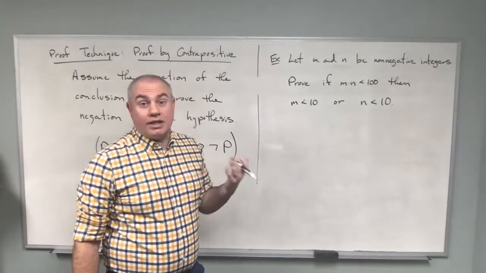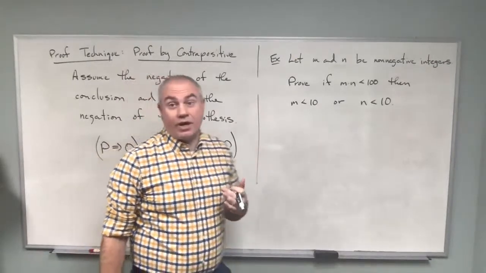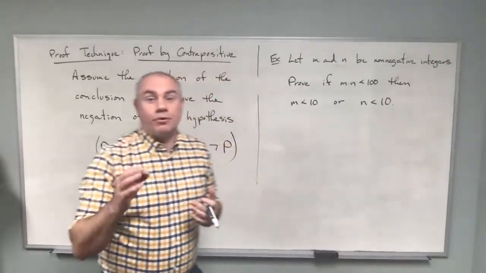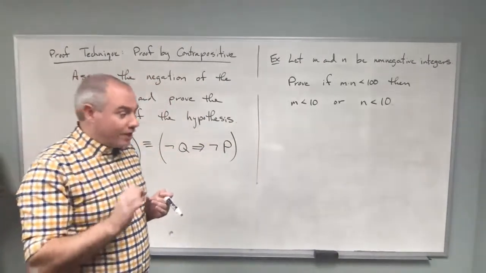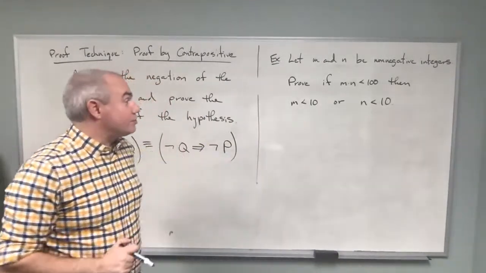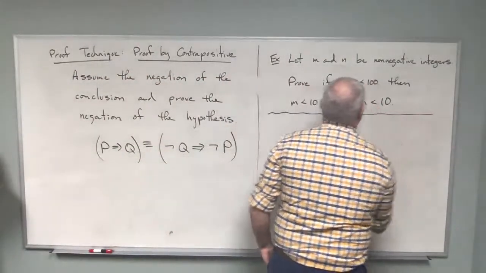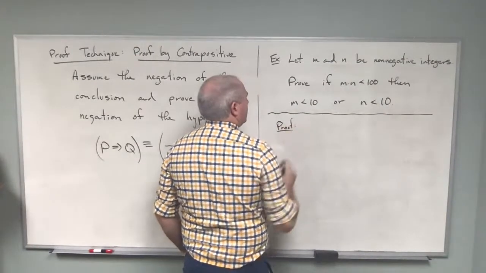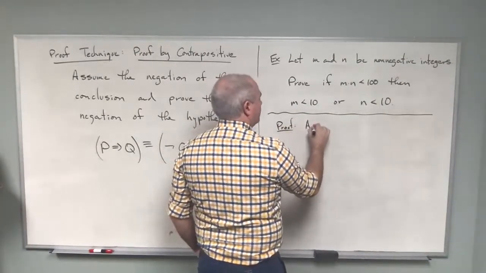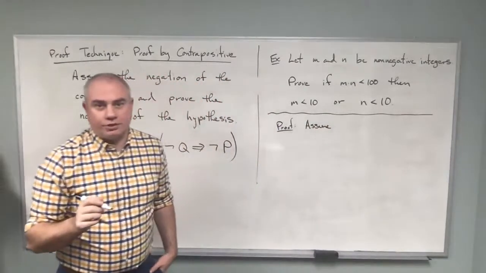You can think about that for a little bit: how would you prove that directly? It's very hard. But a proof by contrapositive makes this actually very simple. Let me show you. Proof: I get to assume the negation of the conclusion.